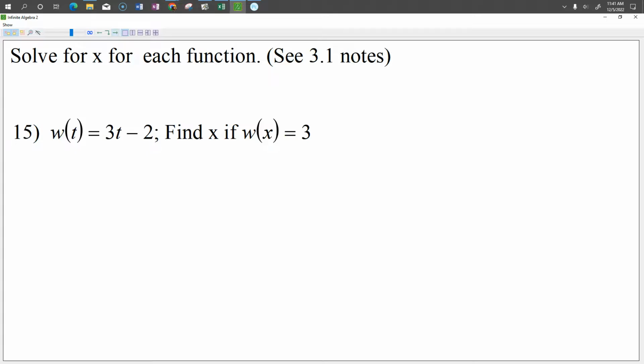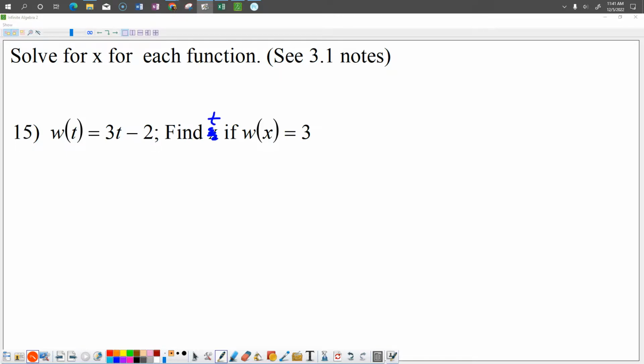Number 15 is a little bit different though. Number 3 is asking us to solve. It says find x. Actually, I should say find t. It says find t if w of x equals 3. That means I'm going to replace not x, but w of x with 3, and then we're going to solve for t.